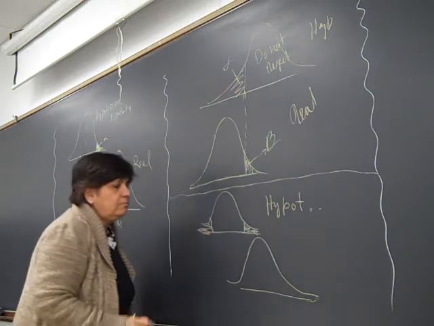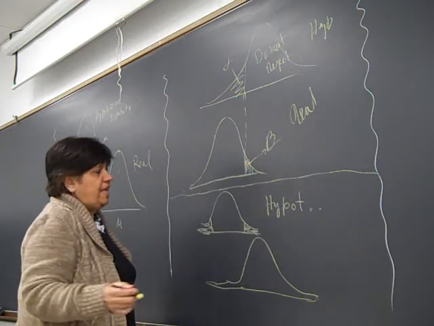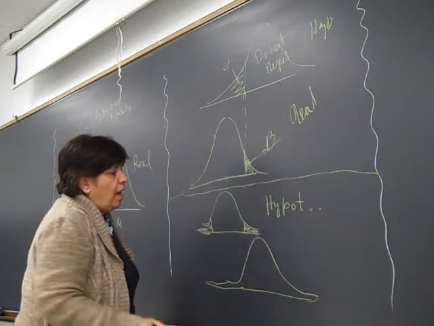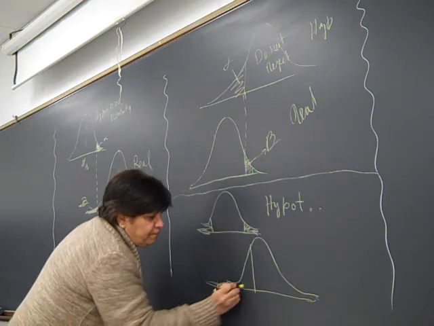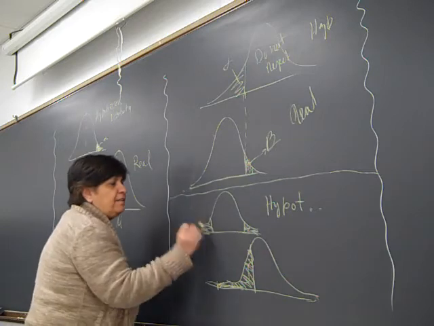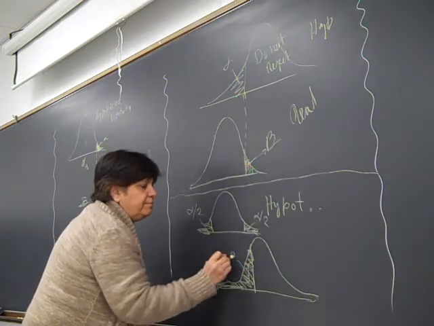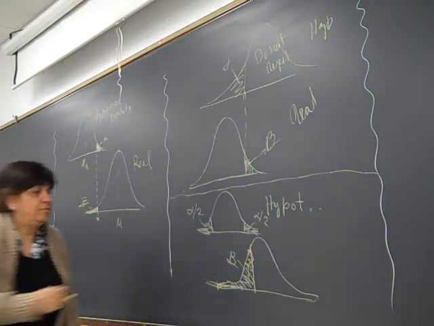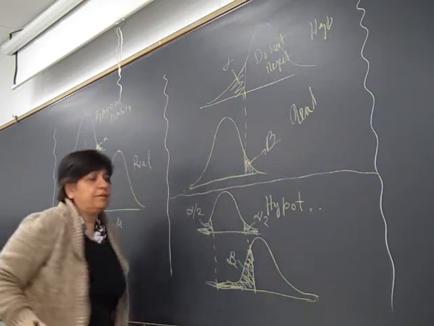Right? So the beta in this case is equal to what? To this. This is alpha divided by 2, and this is alpha divided by 2, and this is beta. Remember that you transfer this value over here, and you transfer this value over here.